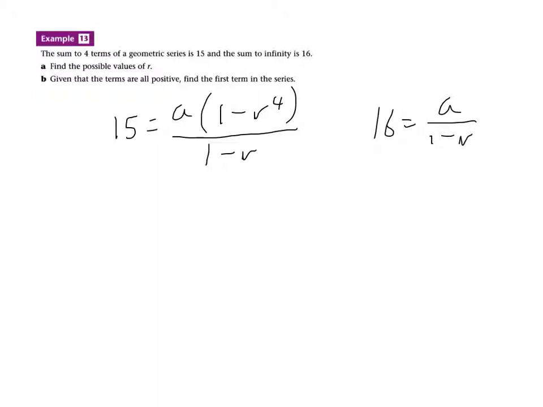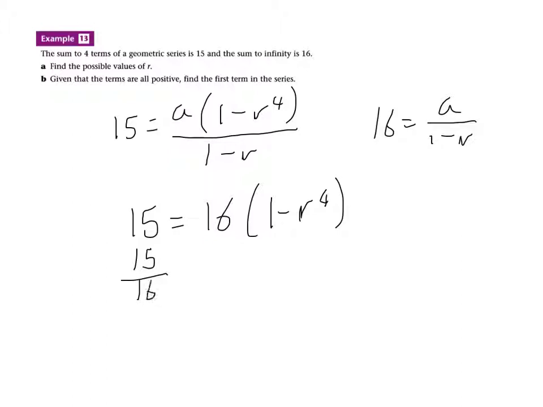Now if we look carefully here, can you see we've got a over 1 minus r? We know a over 1 minus r is 16. So in fact, we can substitute this in. What I've done there, a over 1 minus r is here, which we know is 16. So I've just taken off that and replaced it with that. So if we rearrange this, we get 15 over 16 is 1 minus r to the 4.